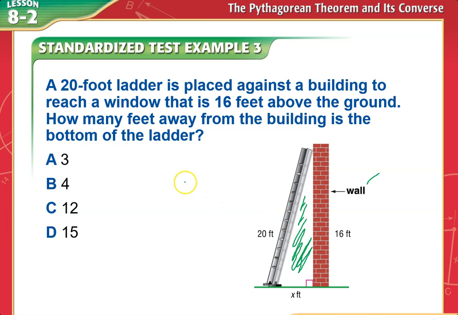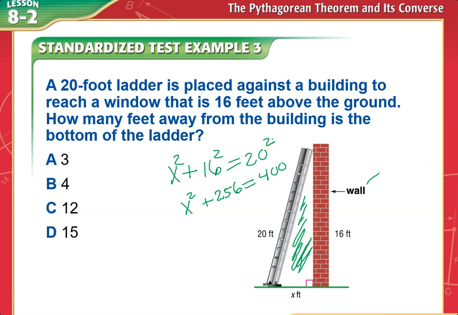And we have a hypotenuse of 20. So we're going to have x squared plus 16 squared should equal 20 squared. So 16 squared should be 256, and this should be 400. And then we're going to subtract and then take a square root.